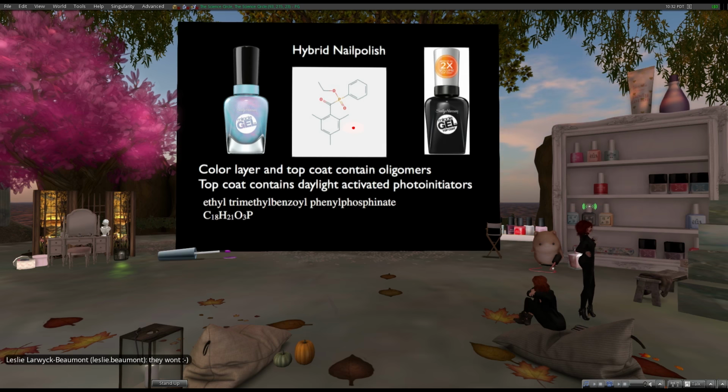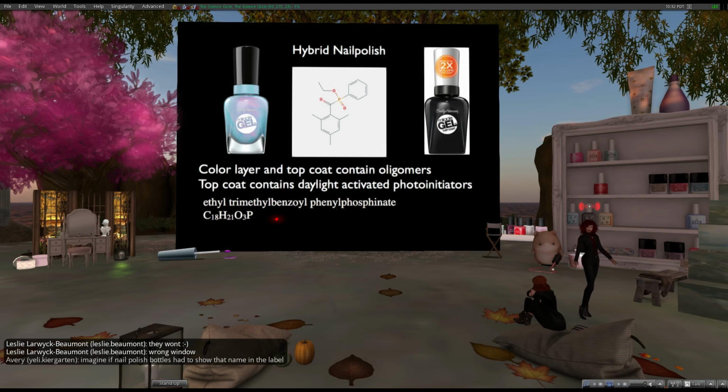So this does not need ultraviolet light to cure. And here's the name, ethyl trimethyl benzoyl phenylphosphonate. So the chemists are out there looking for all these amazing molecules that have different properties, and that you don't want to be dangerous to people. You can't inhale it. It can't penetrate the skin. It can't poison you. And yet it has to be sensitive to visible light. Right?